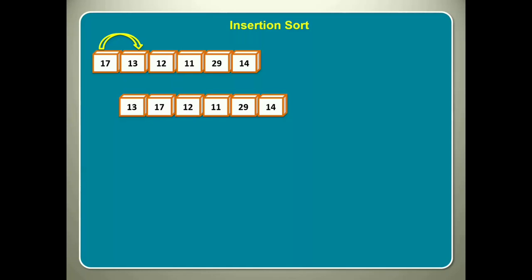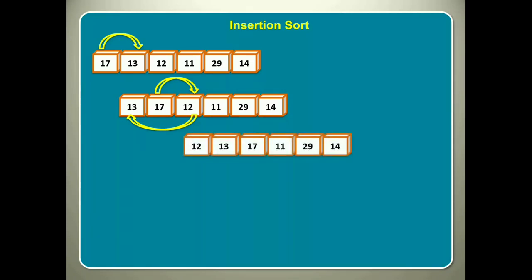Step 2. Third element, 12, is compared with 17 and swapped. Further, 12 is also compared with the first element and swapped since 12 is less than 13. Now the list becomes 12, 13, 17, 11, 29, 14.